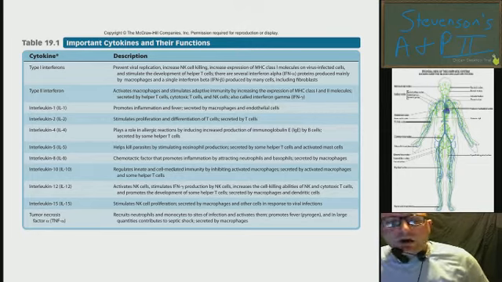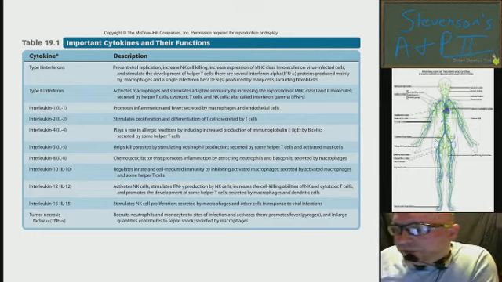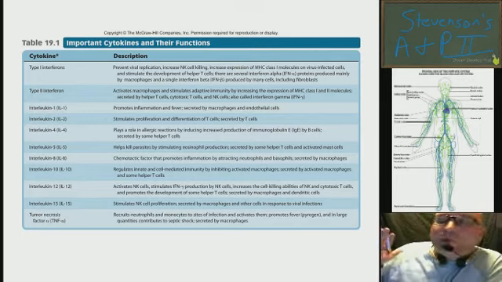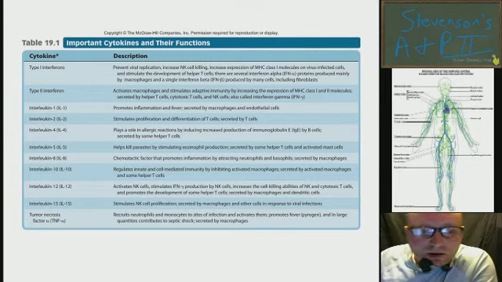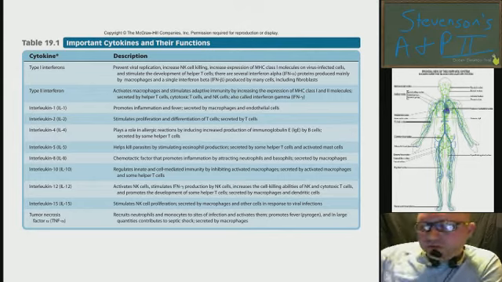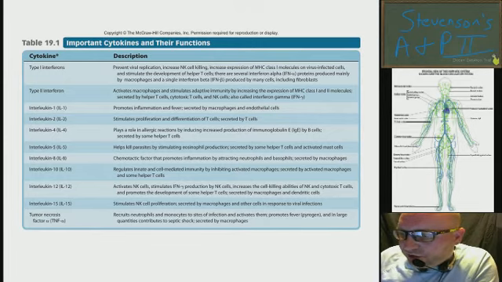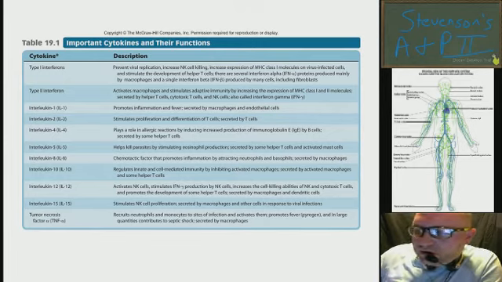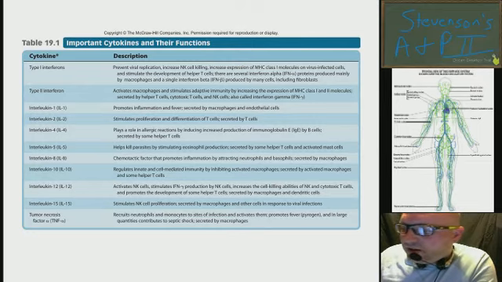All right, so here we look at the type 1 interferons. What happens here with the type 1 interferons is they will prevent viral replication and increase natural killer cells. You can read the rest of it yourself, but I want to go over the tumor necrosis factor for sure. Tumor necrosis factor recruits neutrophils and monocytes to the sites of infection and activates them.